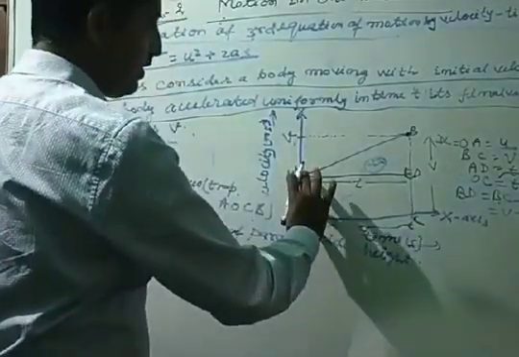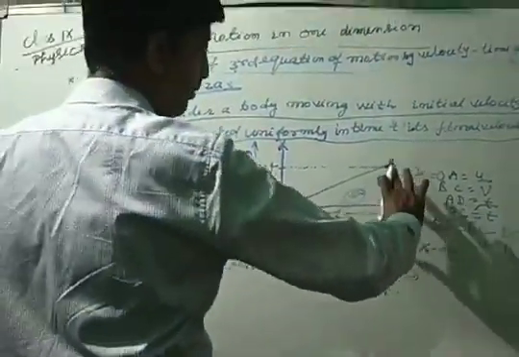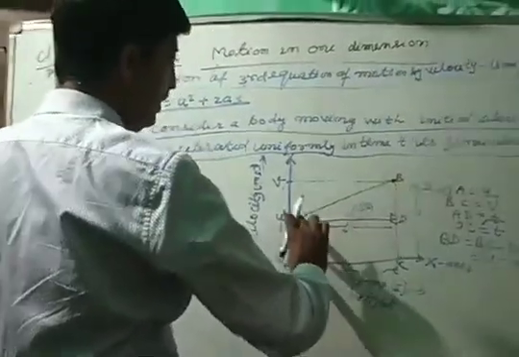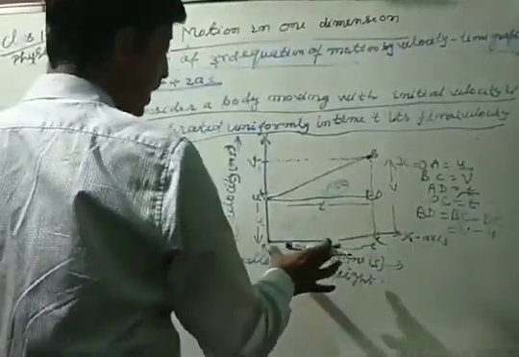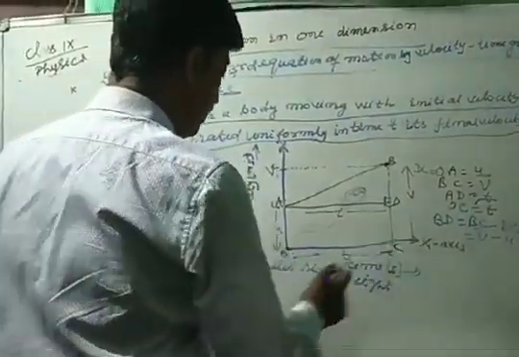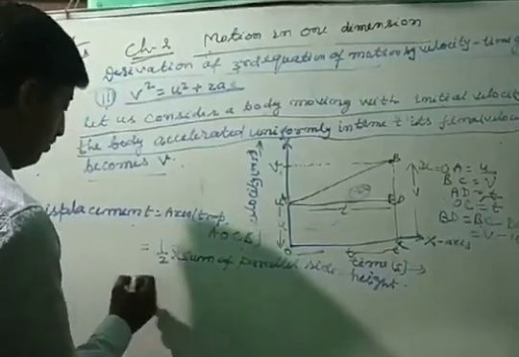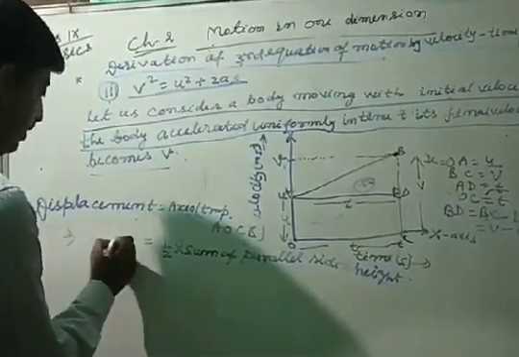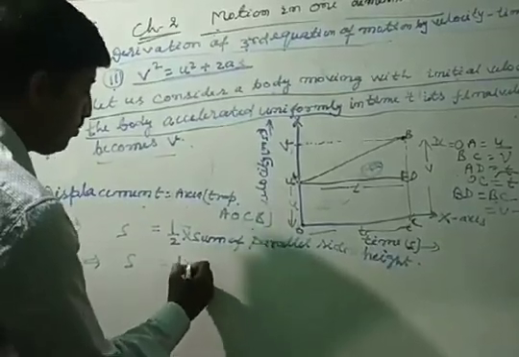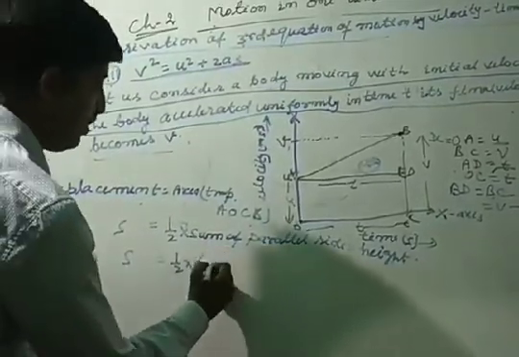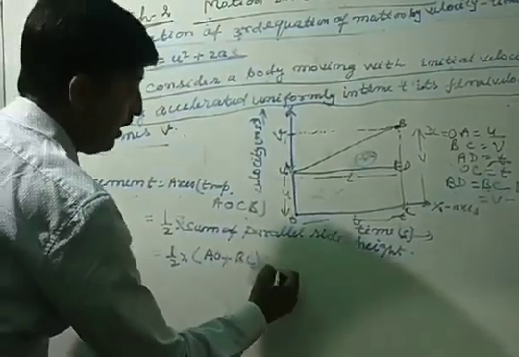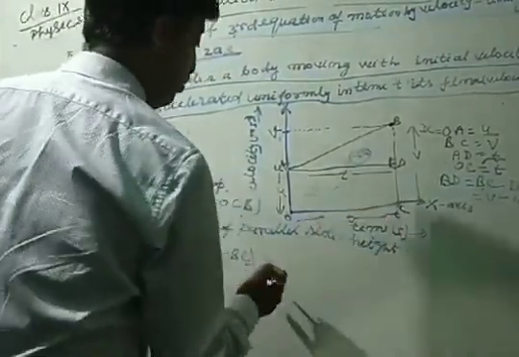Here the parallel sides are AO and BC. In trapezium AOCB, the parallel sides are AO and BC, and the height, meaning the distance between them, is OC. So displacement is represented by S. So S is equal to 1 by 2 into the sum of parallel sides, AO plus BC, and the height is OC.